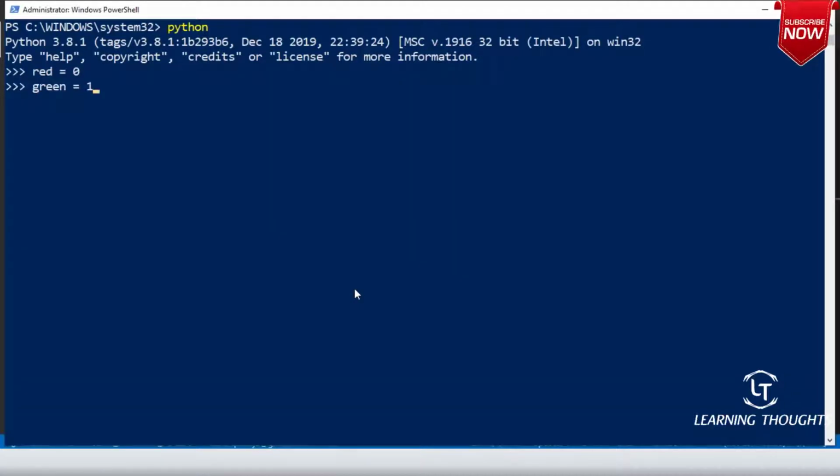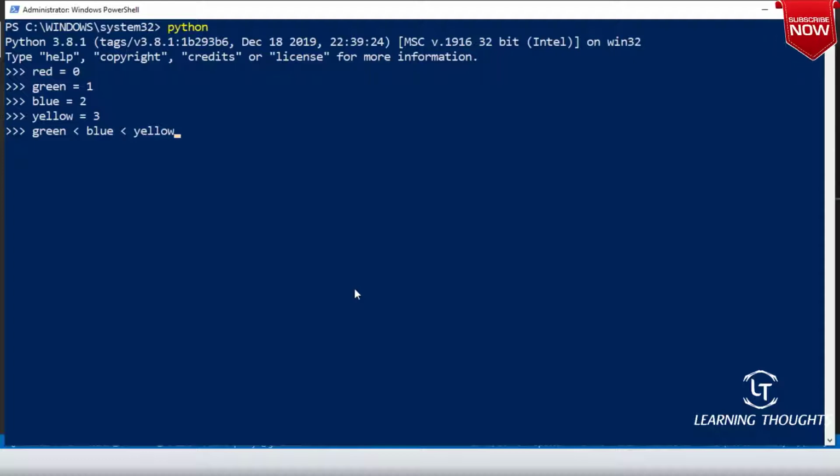Green is 1. Blue is 2. Yellow is 3. Now, if I write green is less than blue, this is a normal expression. I am writing less than yellow.